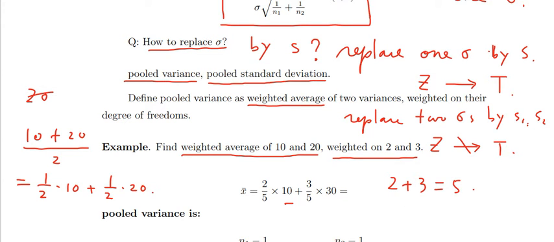So if it's the weighted average of 10 and 20, weighted on these 2 numbers, then x bar becomes 2 times 10 over 5, or 2 over 5 times 10 plus 3 over 5 times 30. I'm sorry, I made a mistake here, 20.